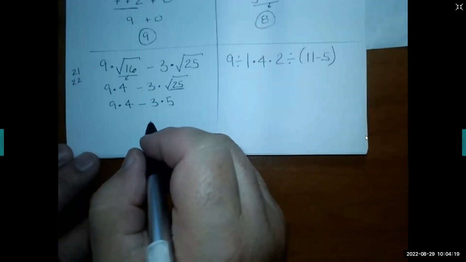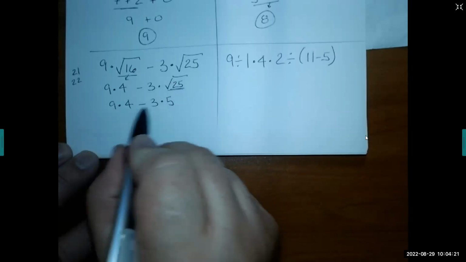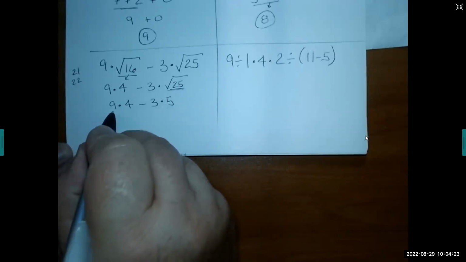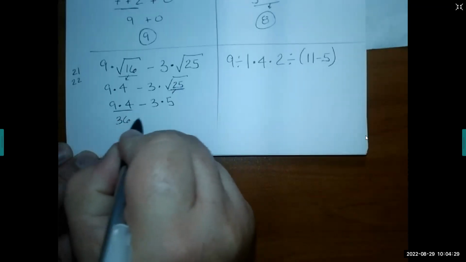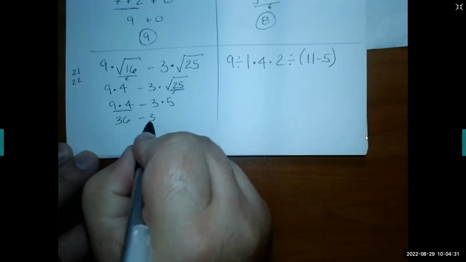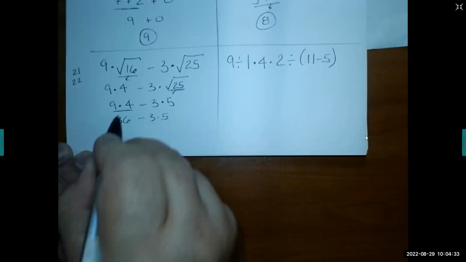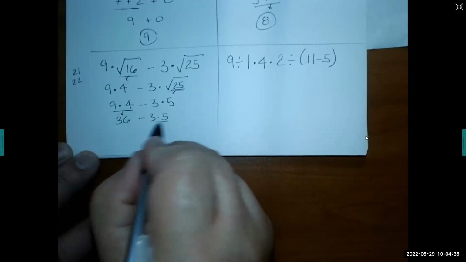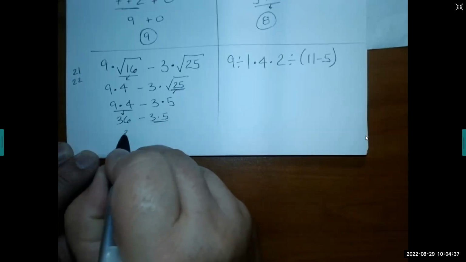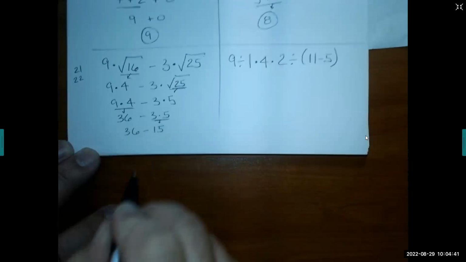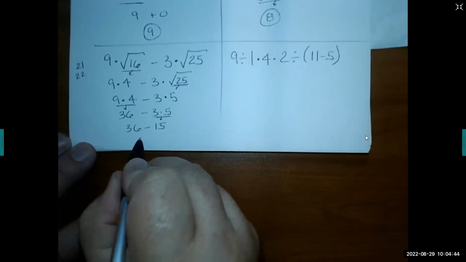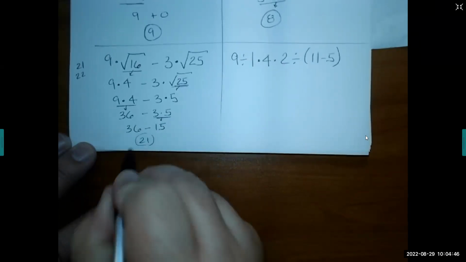No more special operations, so multiplication division. 9 times 4 is 36. Then 3 times 5. 36 minus 15. Anyway.